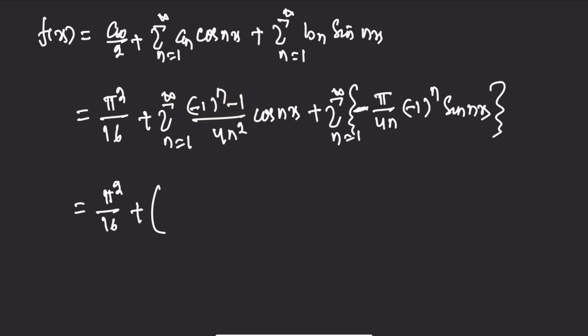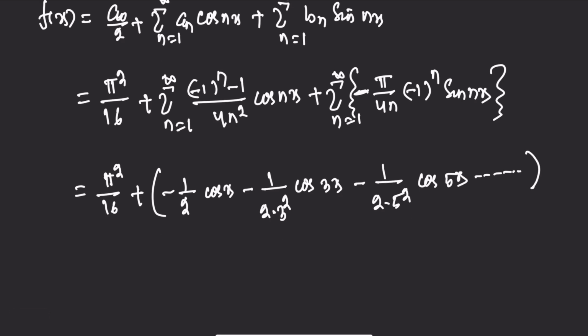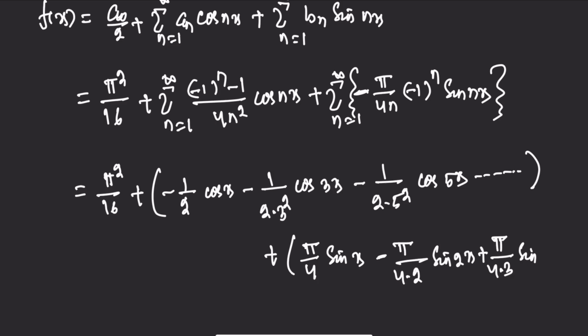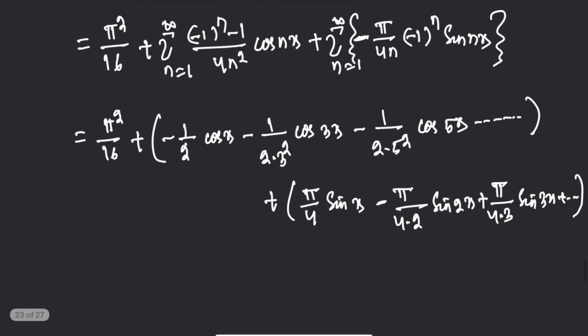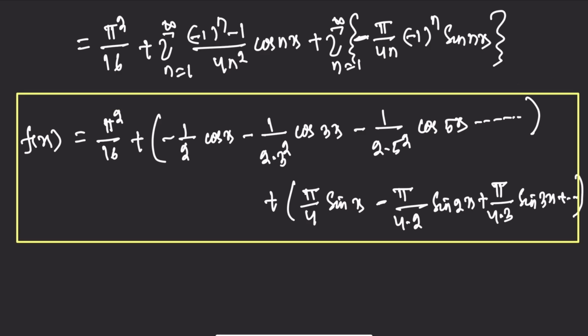Okay, so the cosine series becomes... the sine series becomes... this is the required Fourier series expression of the function.